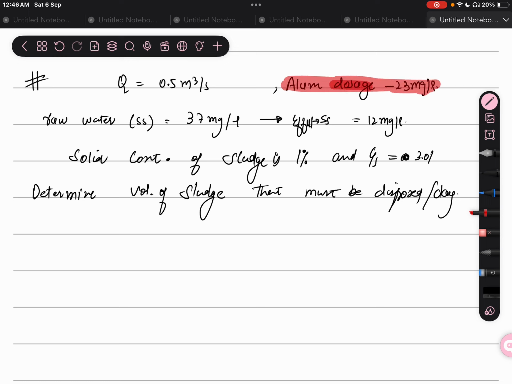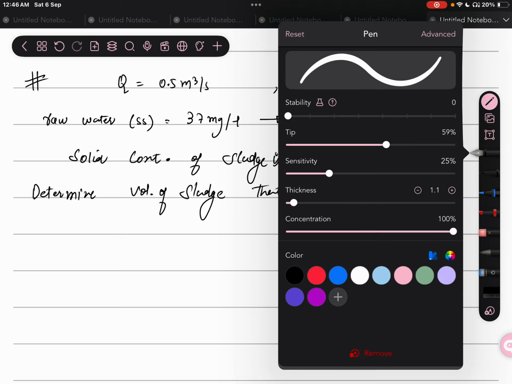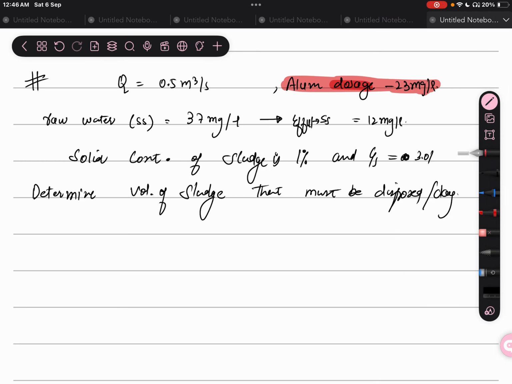So we'll see that this alum will not precipitate as it is, so it will first convert to Al(OH)3.